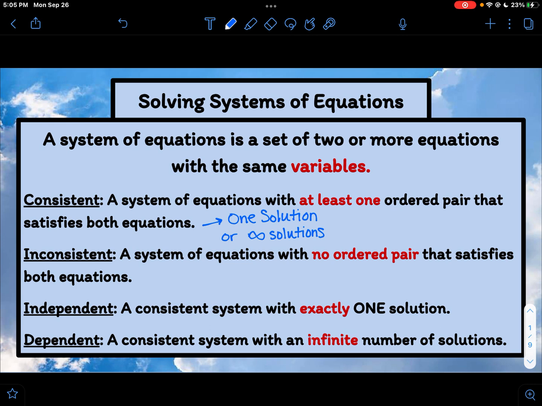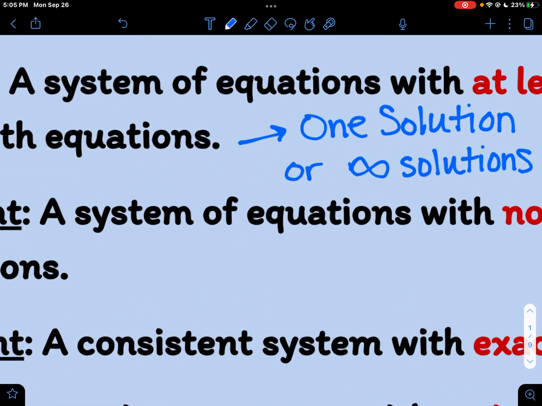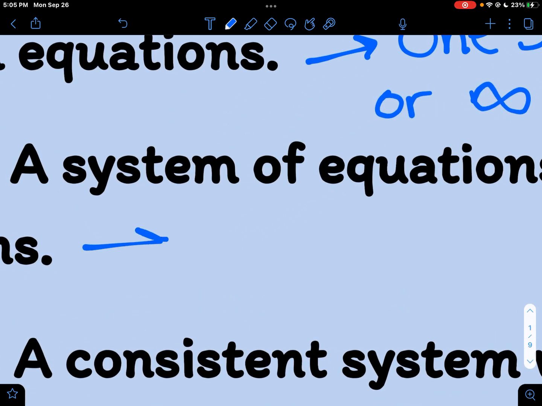A system is considered inconsistent if it has no ordered pair that satisfies both equations. And this is going to be no solution, or a set of parallel lines.